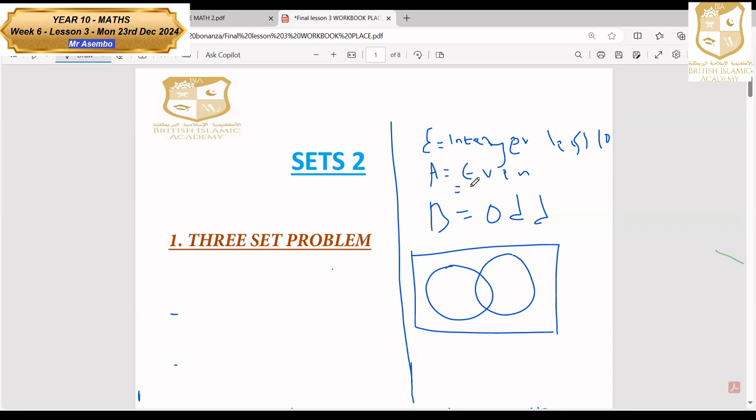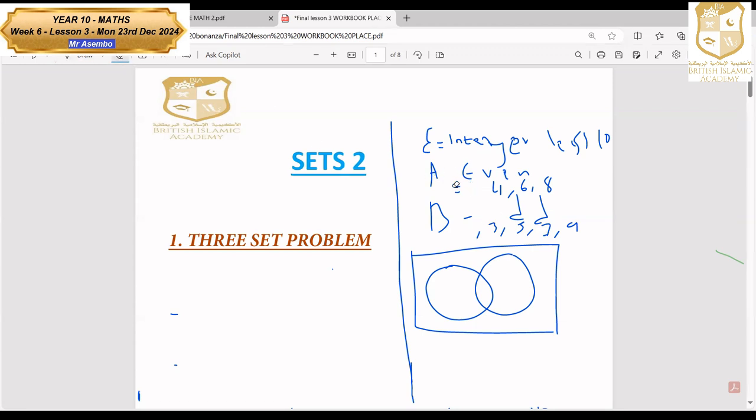We'll have 2, 4, 6, 8. 10 is not included because it is less than 10. And then the odd numbers will be 1, 3, 5, 7, and 9. Now, that happens if we only have a two-set problem.